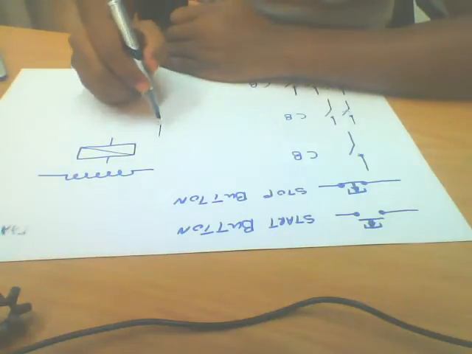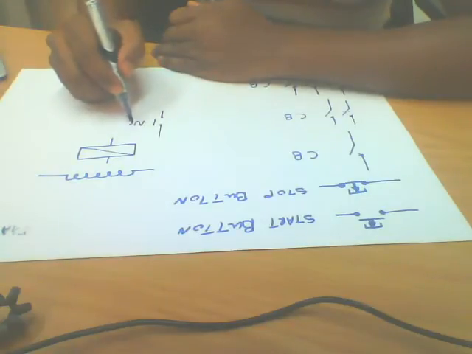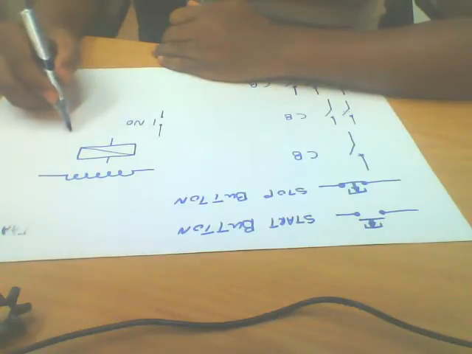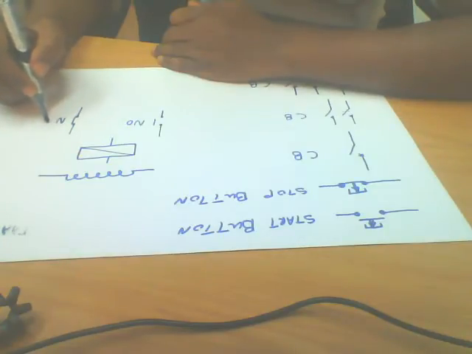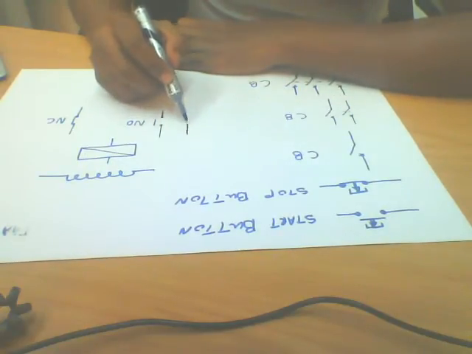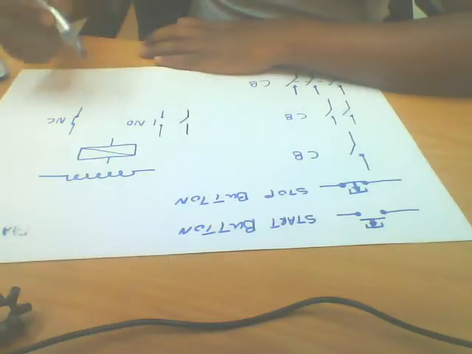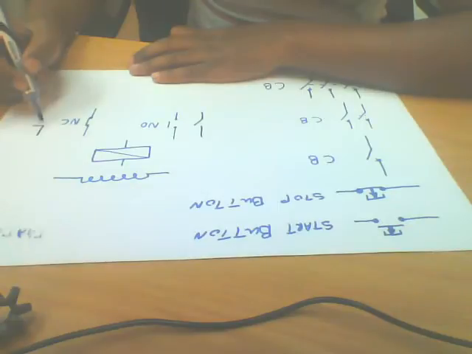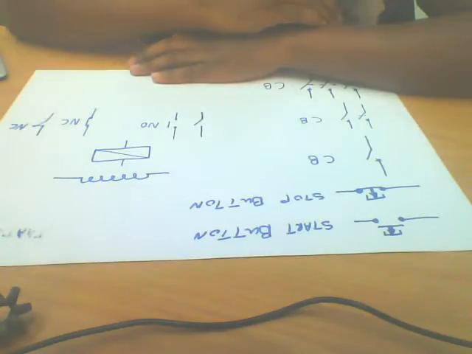There will be a normally open contact, NO, and then there will be a normally closed contact, NC. Some people use this symbol for normal open. You can also do that, but I like this one. Some people also use these for normally closed contact. You can also do that, it's not a problem. Okay, happy?